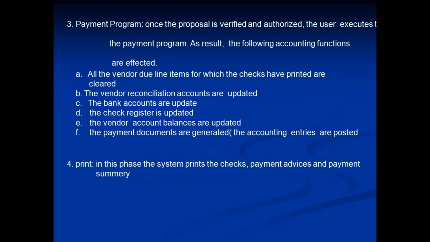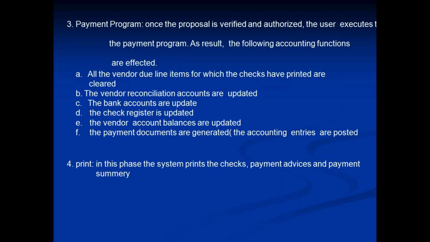After that we will have the payment program. This is the third step. After this, all the accounting entries will get affected. Your bank account will get affected because we have made the payment in this step. Once the proposal has been verified and authorized by the designated person, the user will go for the automatic payment program.